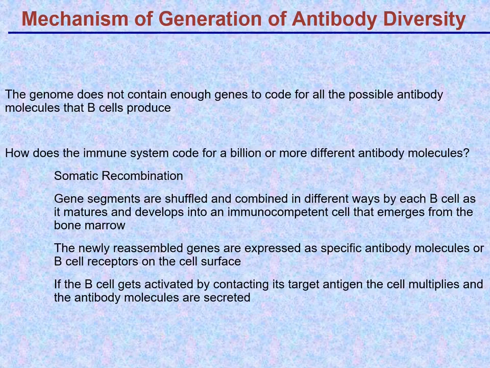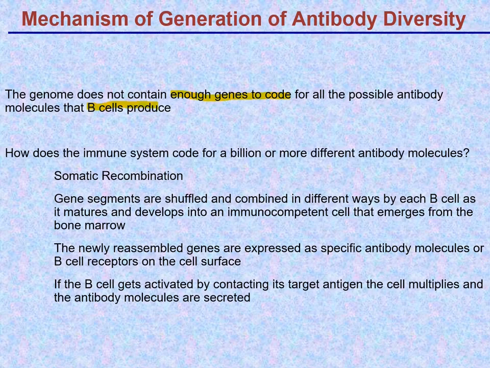If you look at the human genome itself, it's not big enough to contain enough genes to code for all the possible antibody molecules that all the different B cells can produce. It just doesn't contain enough genetic information.